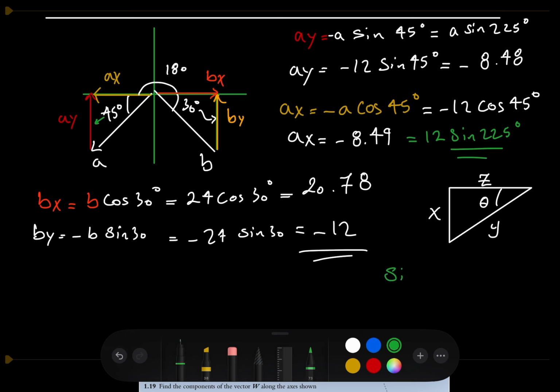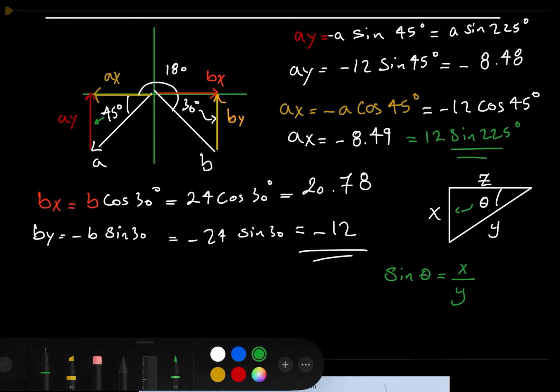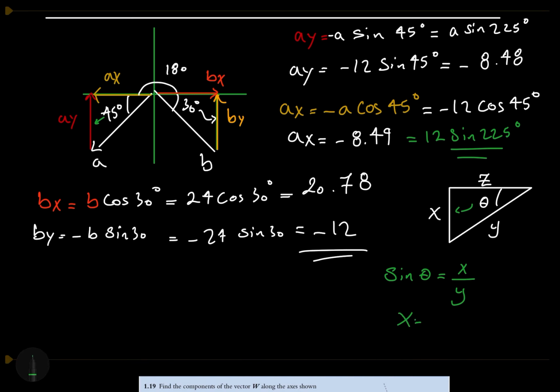Well, if you want to find the sine of theta, we can have the opposite over hypotenuse, because sine is opposite over hypotenuse. Now, the opposite side to theta is x, so we can say sine of theta is x over the hypotenuse, which is y. Now you can rearrange this for x, and x will simply be y times sine of theta.